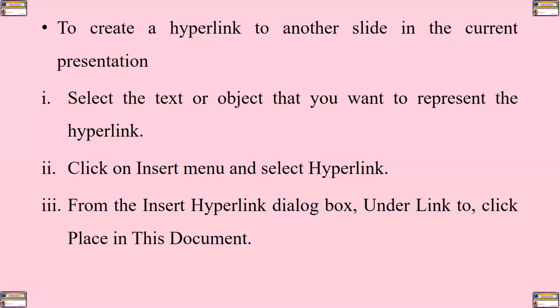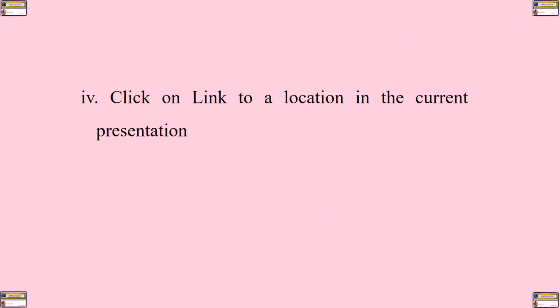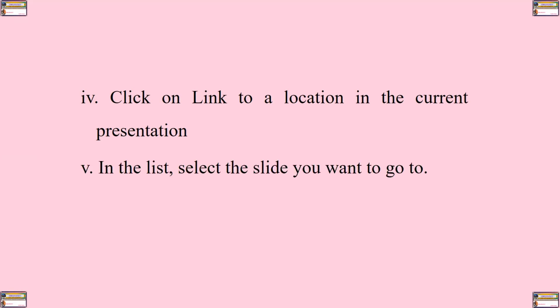From the Insert Hyperlink dialog box, under Link to, you click on Place in This Document. Then you click on Link to a location in the current presentation. Then in the list, you select the slide you want to go to. And finally, you click OK.